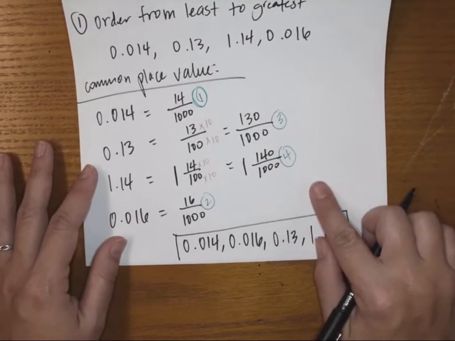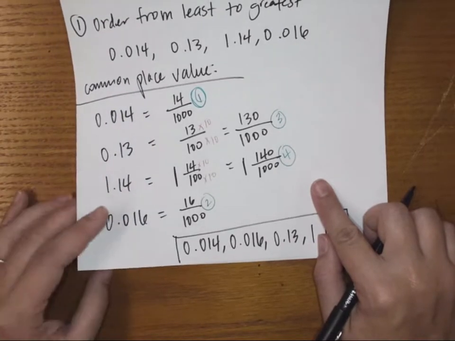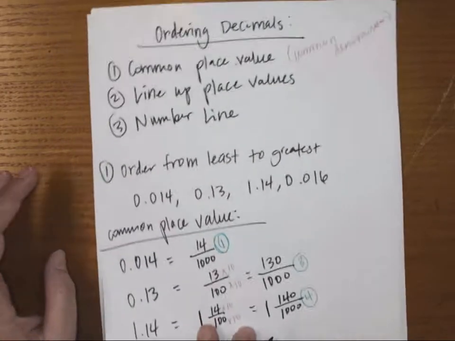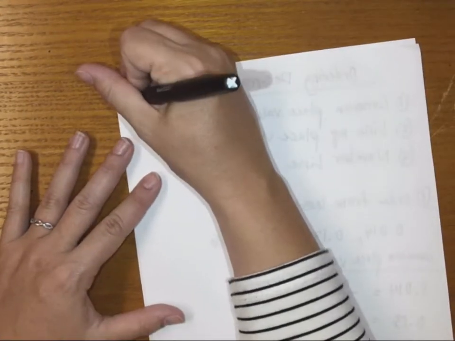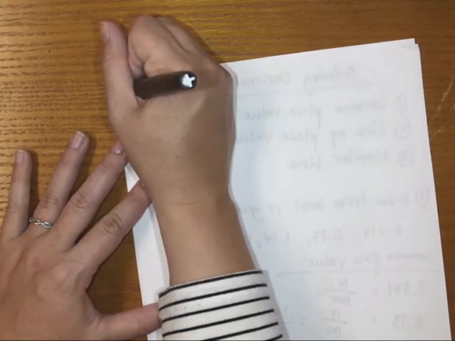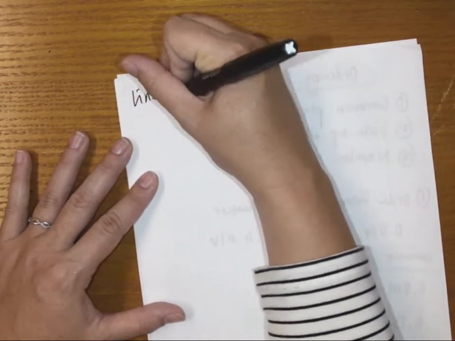Okay, so that's doing the problem getting a common denominator using fractions. Now let's do it just lining up our place values.